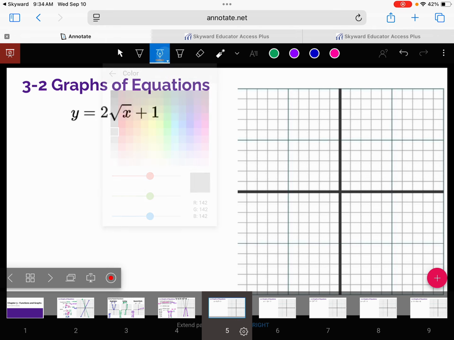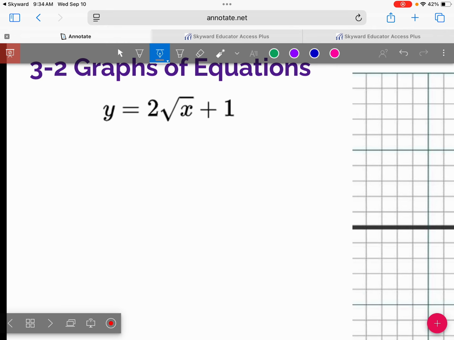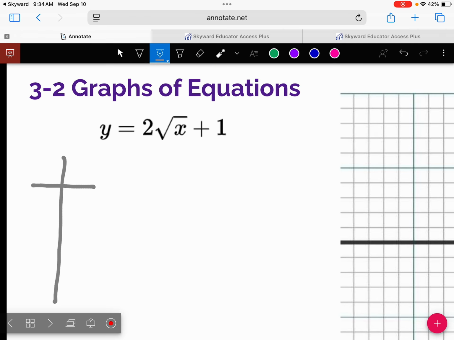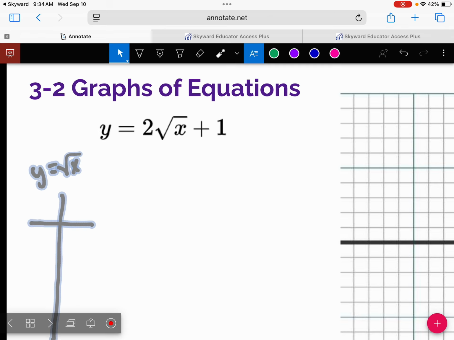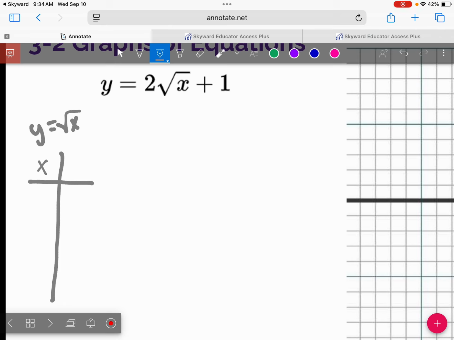So since we see a square root in here, we're going to start by thinking about our parent function. That's our y equals the square root of x. That was our kind of starting place. That was the one where we did pick different numbers for our x's because I don't want to have to square root negative numbers, because I don't want to have to graph imaginary numbers.